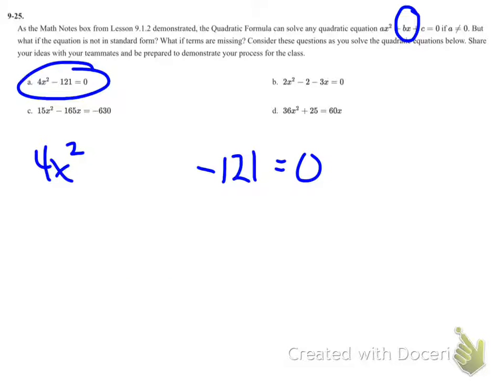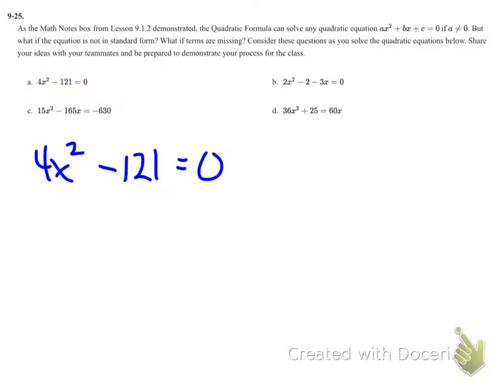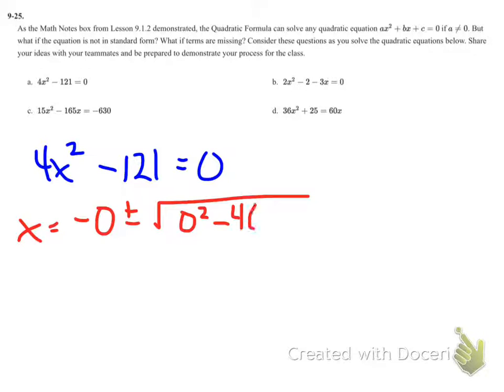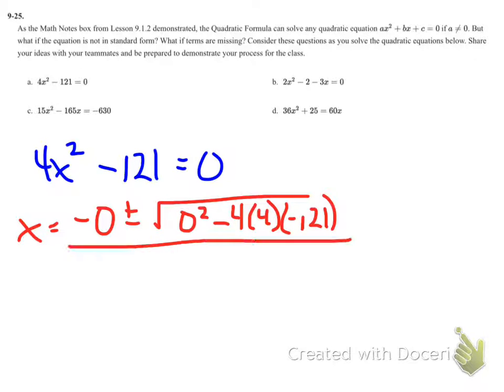Once I know that, I can now go in, just work with the problem using 0 as my b value. So x equals the opposite of b plus or minus the square root of b squared minus 4 times a times c divided by 2 times a. A negative 0 is just 0, so I don't need to write that.